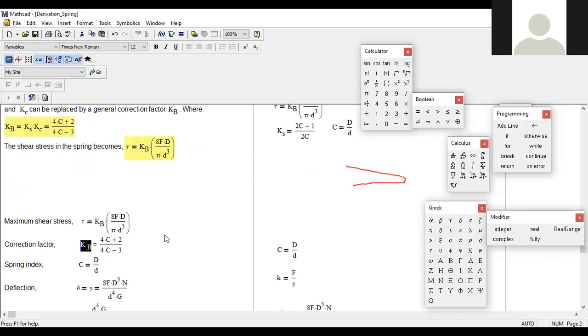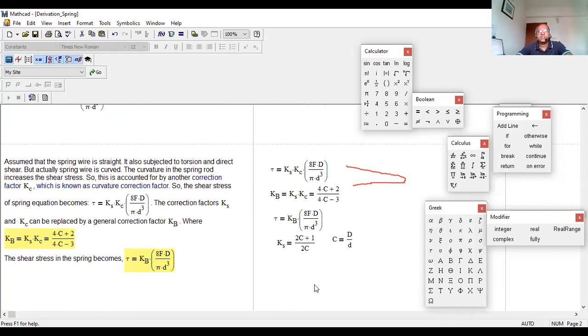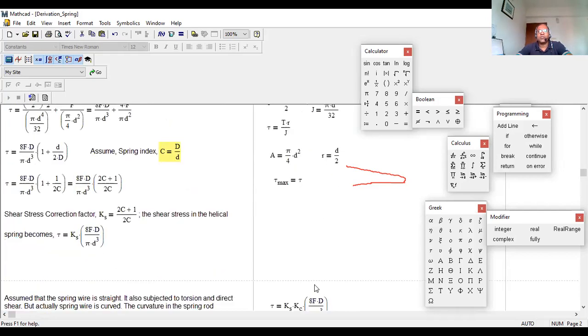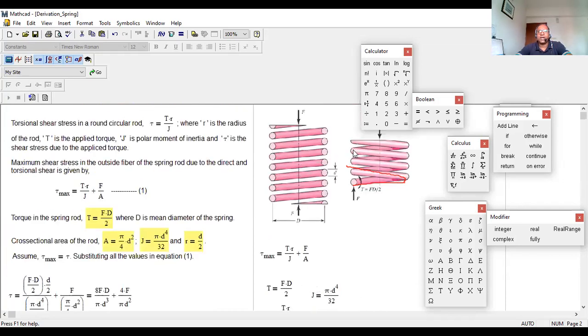Sir, will the active coils not be counted in the case of a spring? Active coil number, yes, we will do that, but not in the shear stress, because in shear stress it doesn't mean that your coil will break down at one place. It can break down anywhere, at the bottom, or somewhere else.